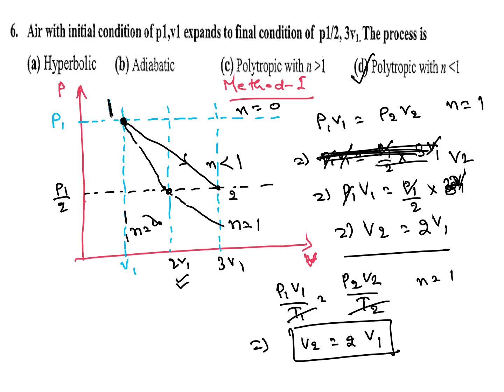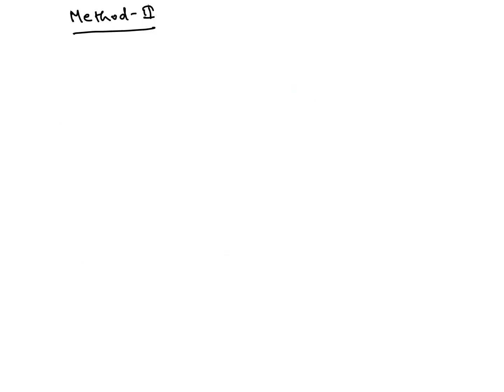Here before doing method 2, we should remember the terms ln2 and ln half, ln3 and ln 1 by 3. This is very useful: 0.69 and minus 0.69, 1.098 and minus 1.098.